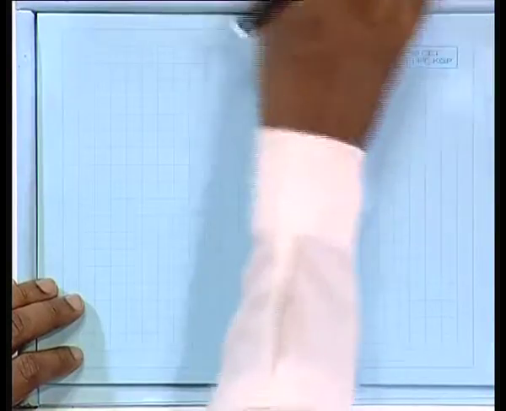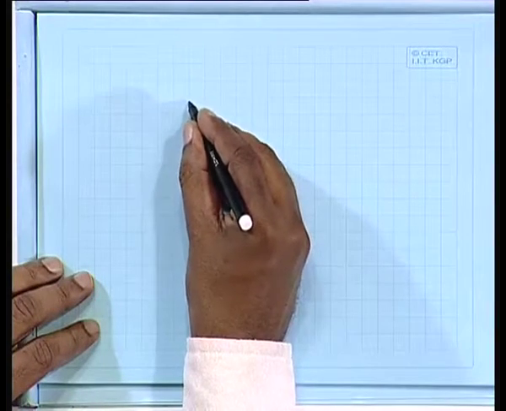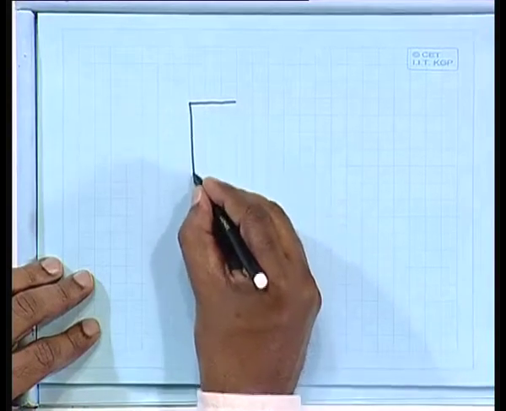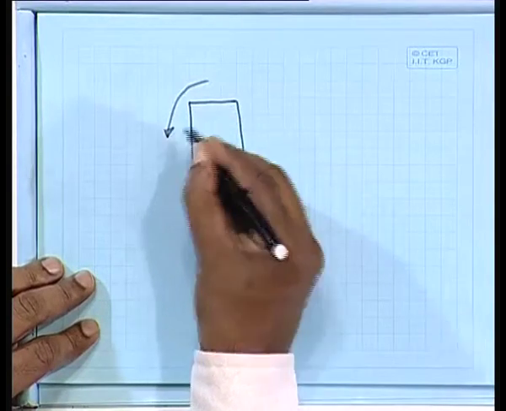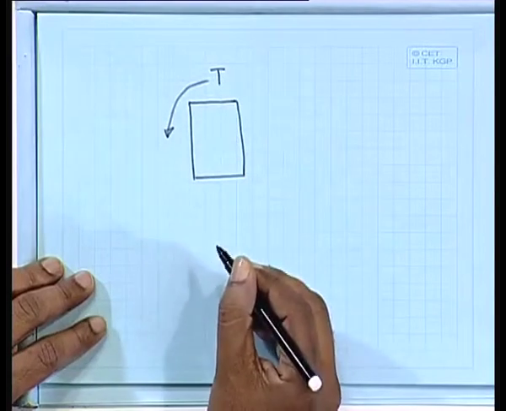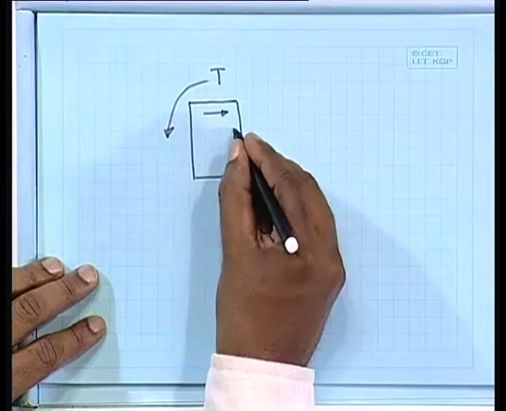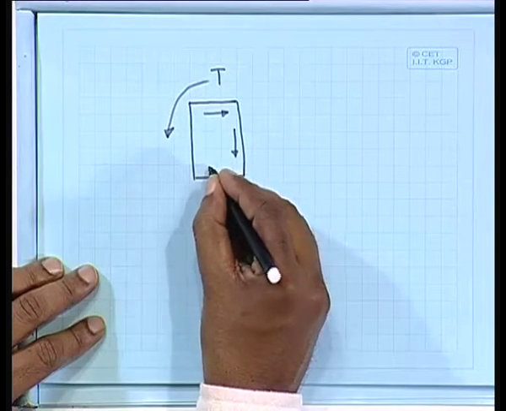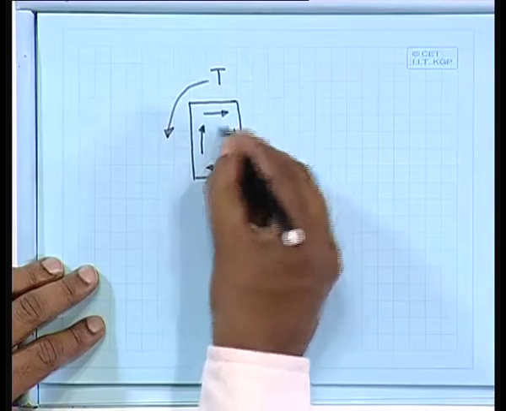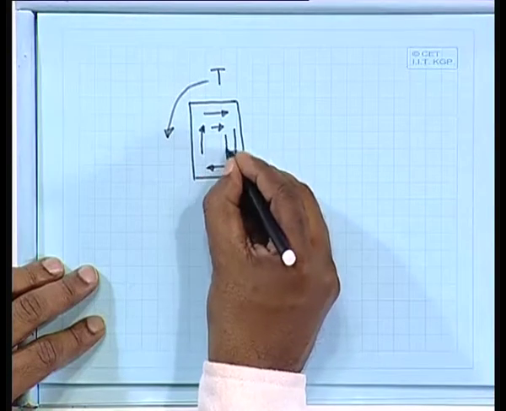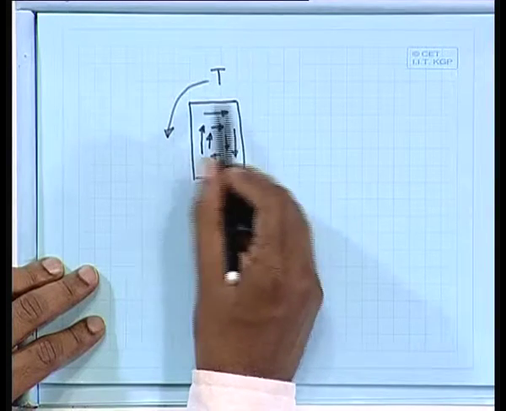So, what is the idea behind that? If we take any section, say this is your torsion, then shear stress is developed like this over the surface, which is true for circular one also, for the non-circular one also. So, that means you will find out the shear stresses at different fibers.